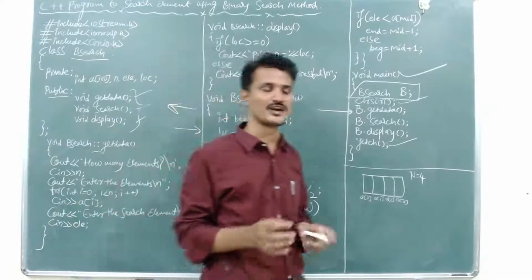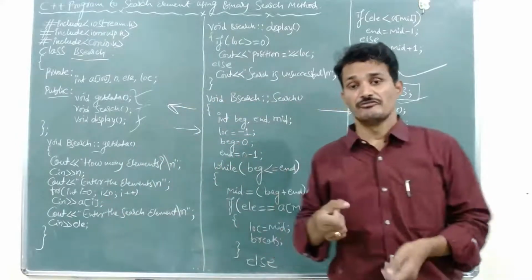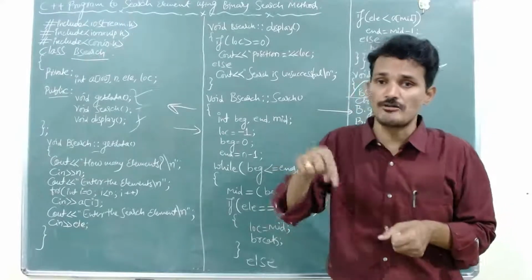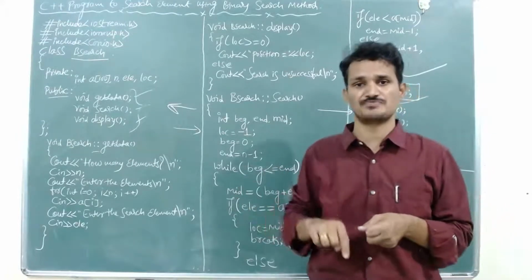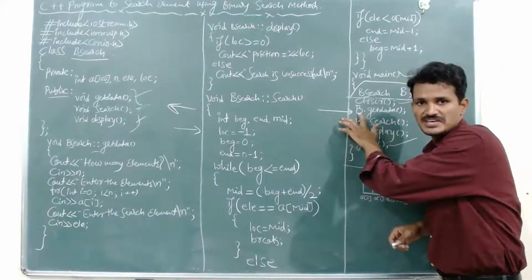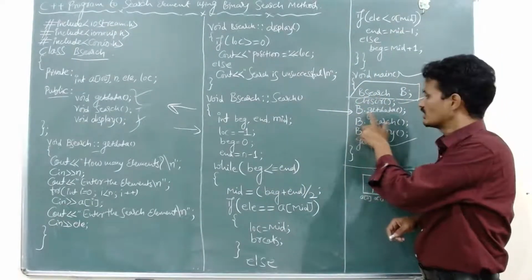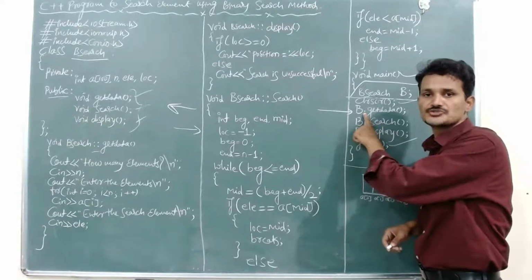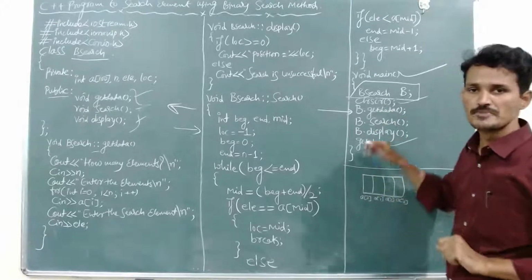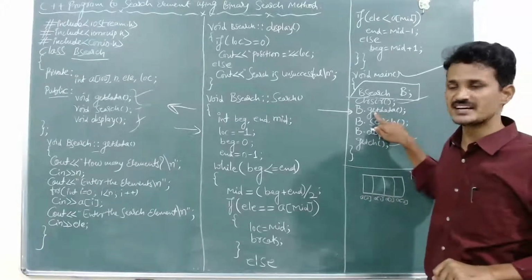This is the most important. See what we are doing. We are trying to access the member function with the help of the object name as well as the member access operator. This B is the object name and this dot is the member access operator. Getdata is a member function. There you can see here, getdata is a member function.